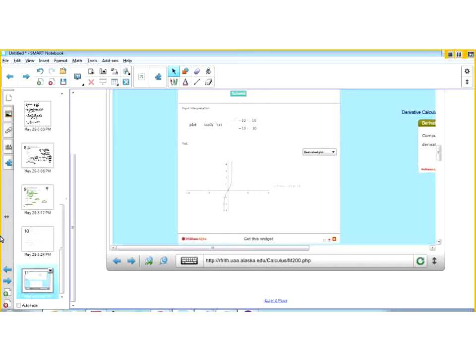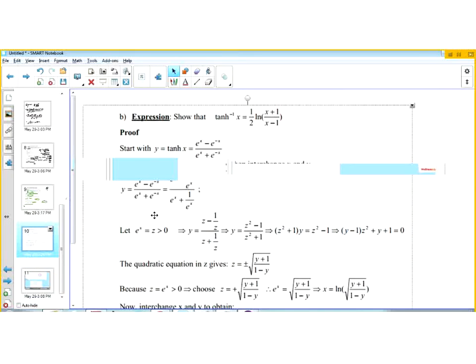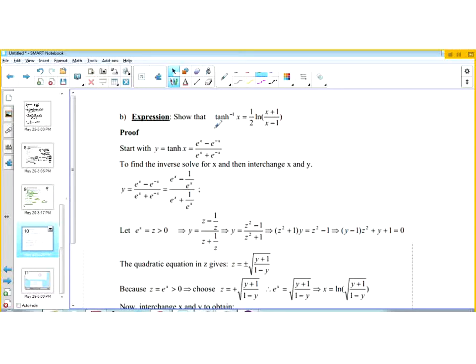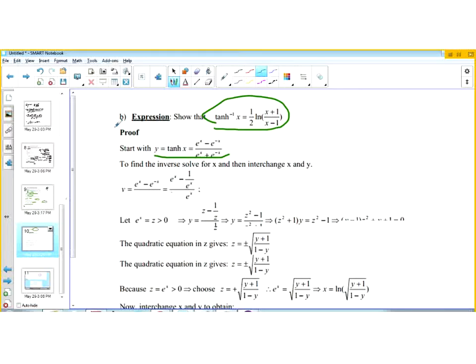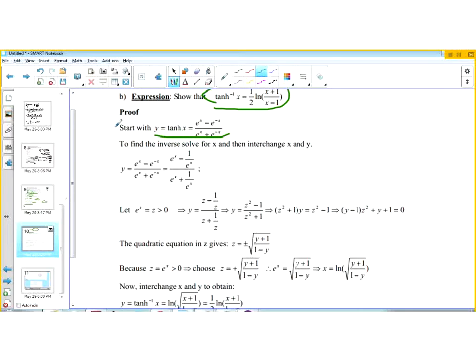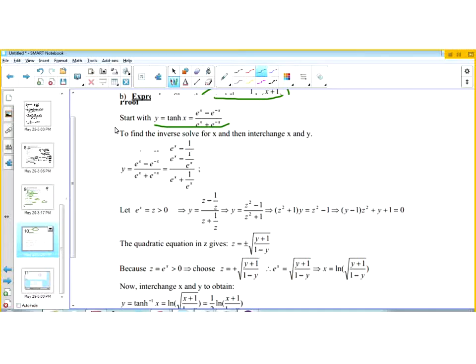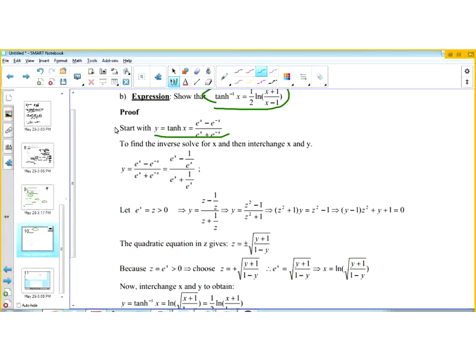What's interesting though is to convert it to a logarithmic expression. We want to prove that the inverse hyperbolic tan function can be formatted like this. As usual, we start with the definition of the hyperbolic tan function, and then we solve for x in terms of y.